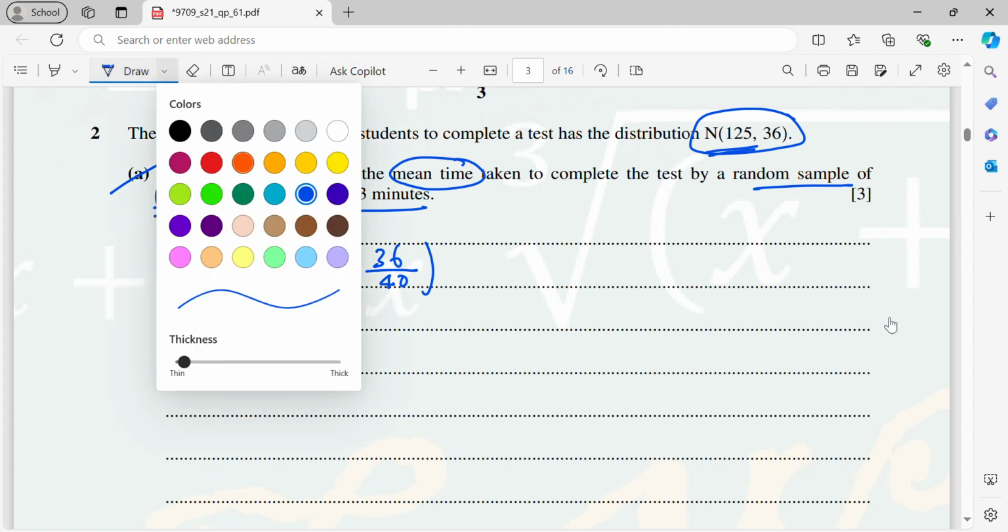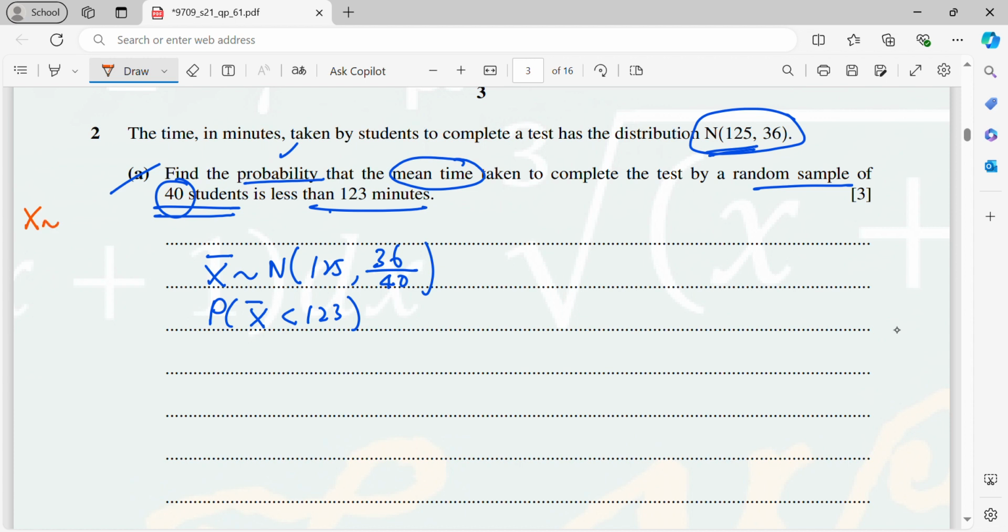Now look at the formula here. X is normally distributed with mean mu and variance sigma squared, so the standardized normal random variable is x minus mu over sigma. But if x bar is normally distributed with mean mu and variance sigma squared over n, your z will be the same concept: x bar minus mu.